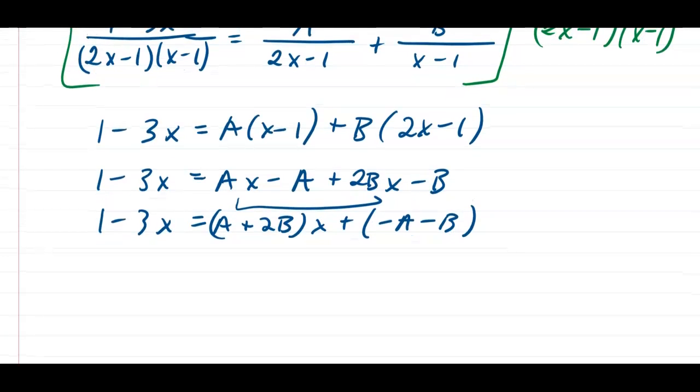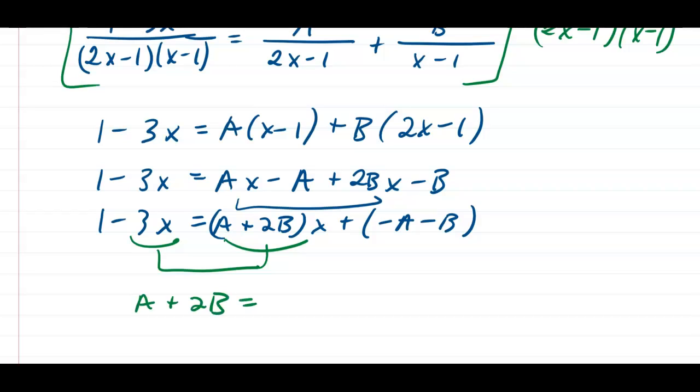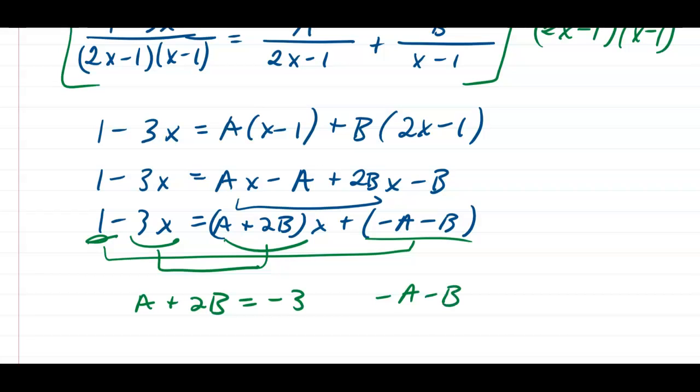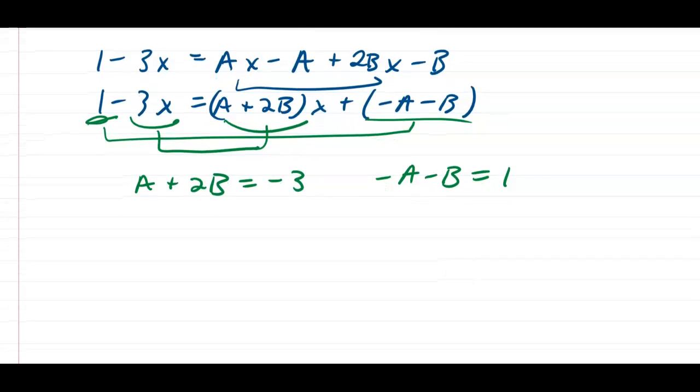We can line things up here, and we can see that this negative 3x and this (a plus 2b) times x tells us that a plus 2b must be negative 3. And then if we line up the 1 with the negative a minus b, that must be equal to 1. And that's 2 equations and 2 unknowns.